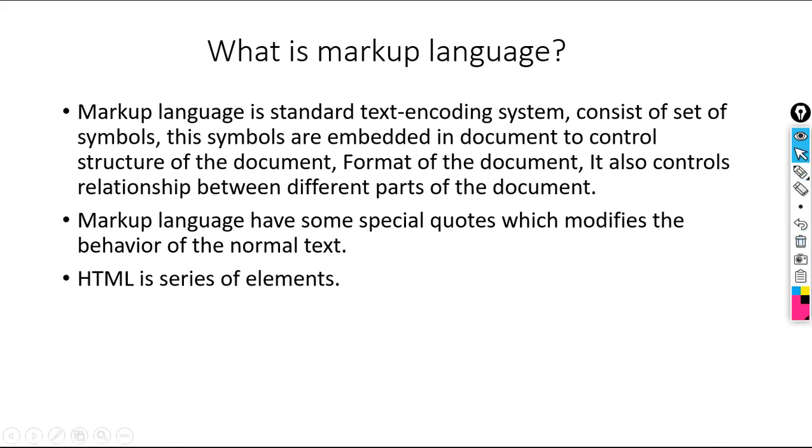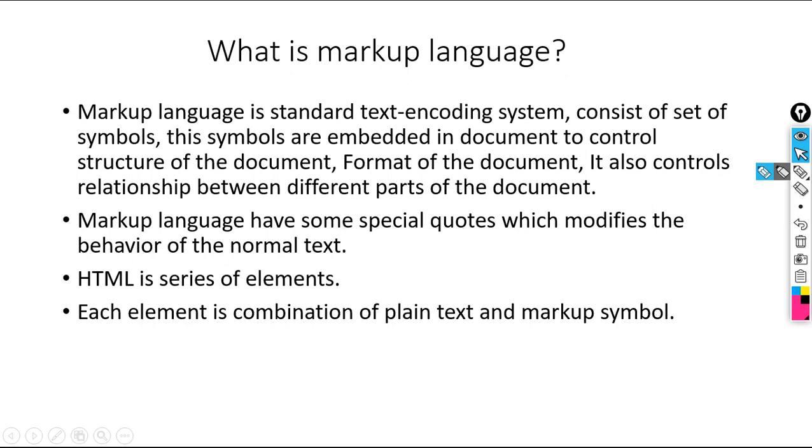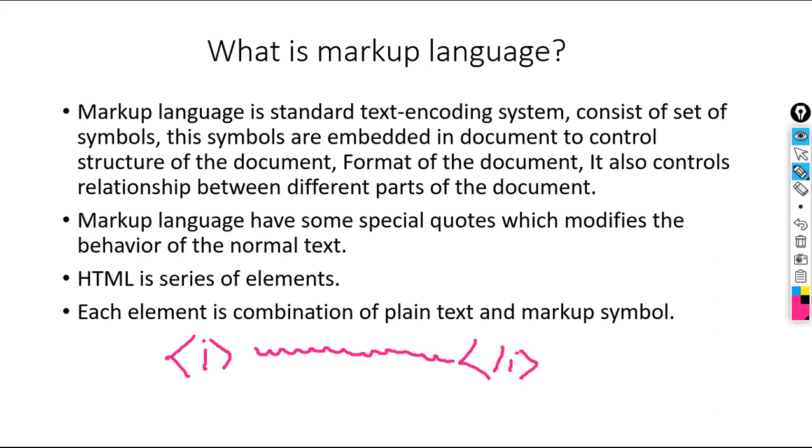HTML, hypertext markup language, is a series of elements. Already I have explained what an element is, and each element is a combination of plain text and a markup symbol. Suppose this is some information or content, and now here I am using the i tag, so this content will be represented in italic.